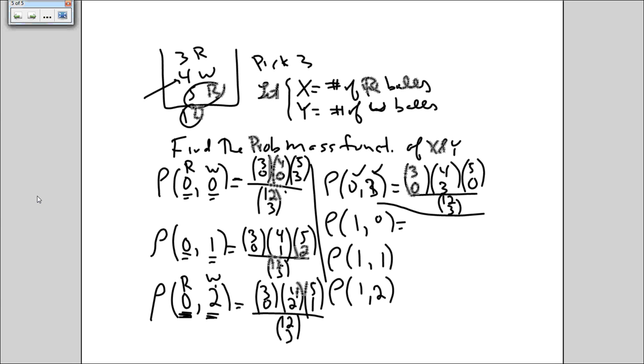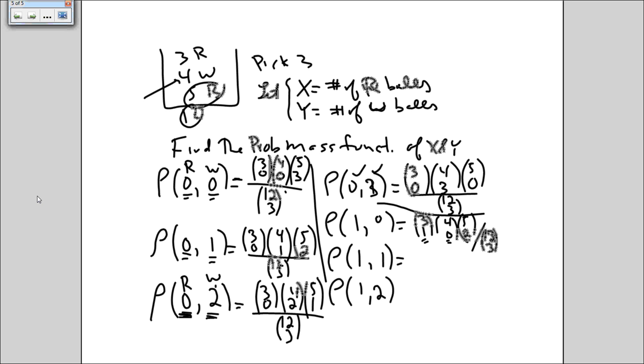1, 0. From the 3 reds, we're going to pick 1. From the 4 whites, we're going to pick none. And from the 5 blues, we're going to pick 2. So far, after red and white, we only picked 1. 1 plus 0 is 1. Have to add 2 more. And this, like always, gets divided by 12, choose 3.